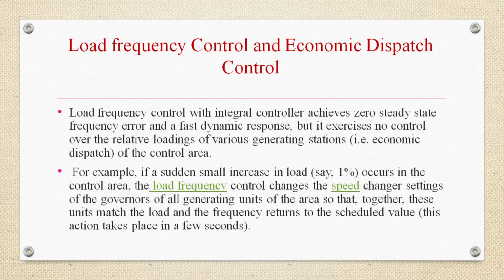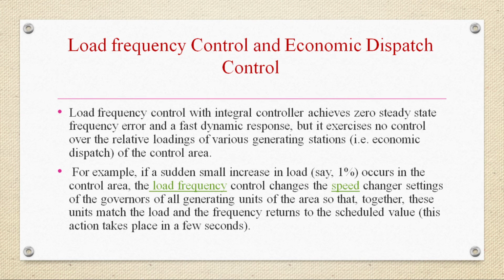So, for example, if a sudden small increase in load, say 1%, occurs in the control area, load frequency control changes the speed changer settings of the governors of all generating units of the area. These units will match the load and frequency returns to the scheduled value. This action can take place in a few seconds.